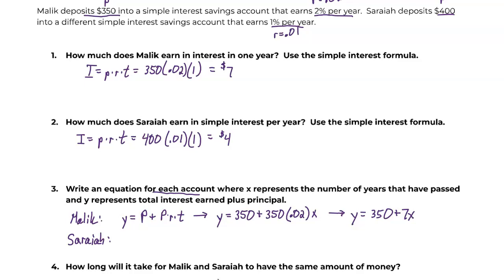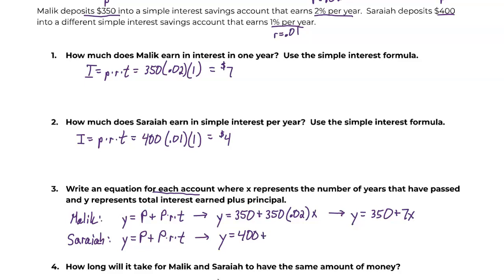Okay, now for Soraya, the same deal. The amount of money in her account is equal to her principal deposit plus the interest that she earns on that money, which is found with the interest formula P times R times T. Now let's put in some actual numbers for Soraya. Her principal was $400.